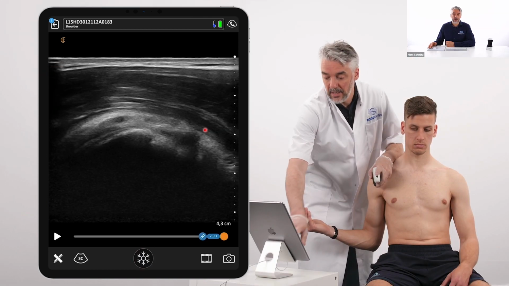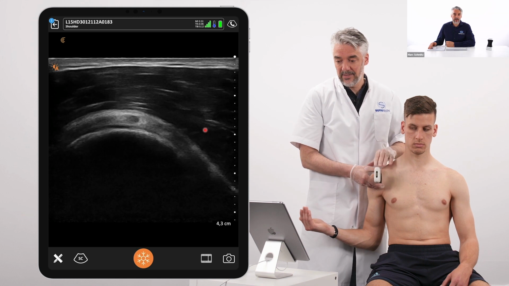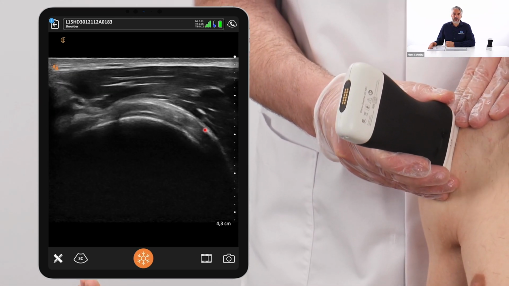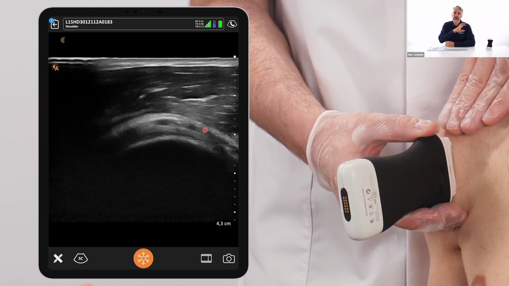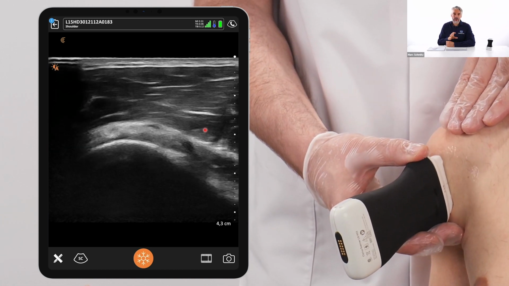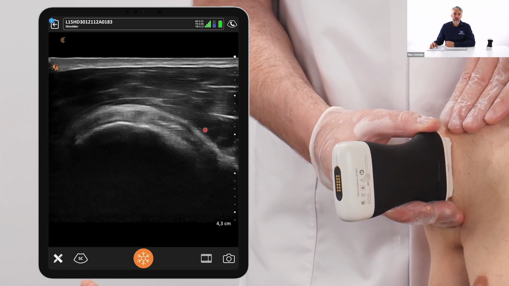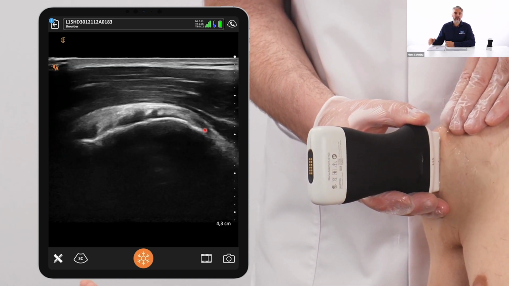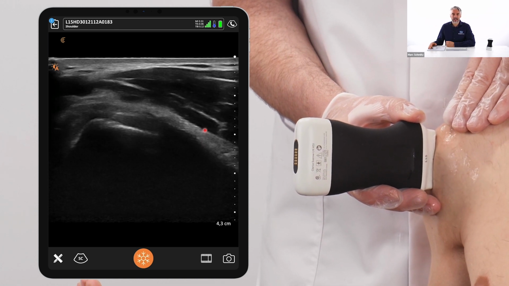Once having looked in a longitudinal perspective, then we can also have a look at the subscap in transverse. And again, moving the transducer from proximal to distal in order to really know whether the tendon is really intact in this insertion.